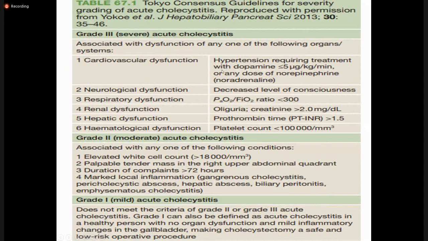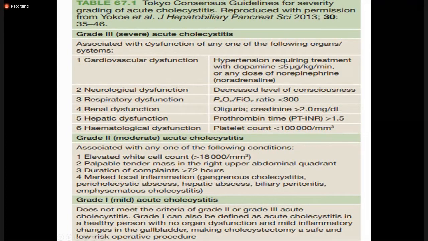Cardiovascular dysfunction will occur, that is hypotension, neurological dysfunction, decreased level of consciousness, respiratory dysfunction, when the PaO2/FiO2 ratio is less than 300, renal dysfunction, oliguria, or the creatinine rising to greater than 2 milligram per deciliter, hepatic dysfunction, prothrombin time INR greater than 1.5, and hematological dysfunction, when the platelet count is less than 100,000.